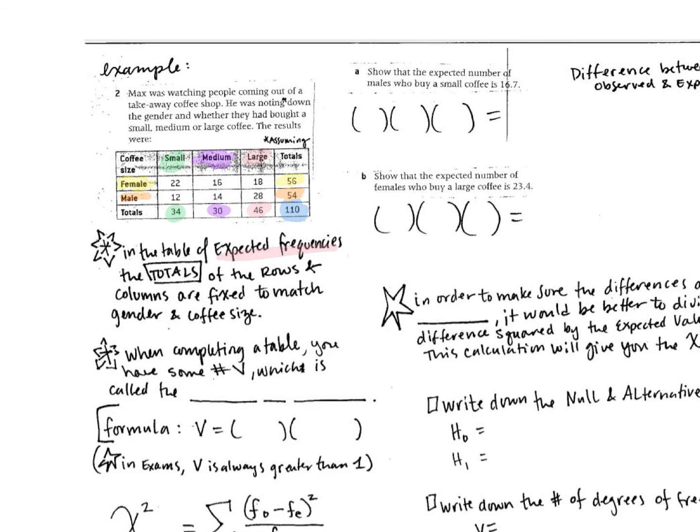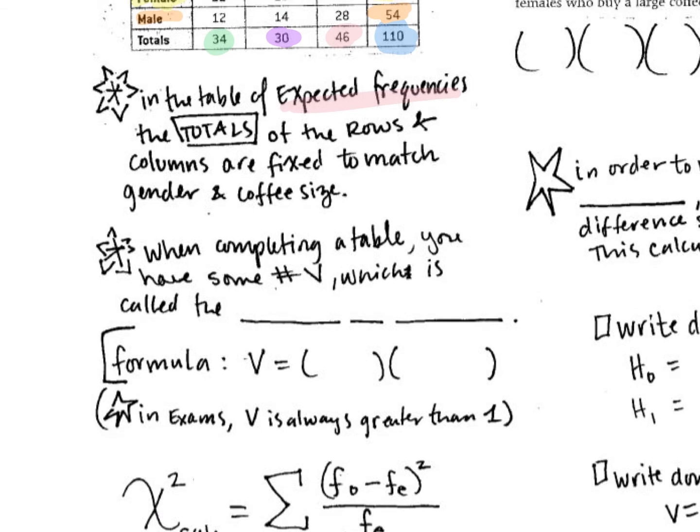So those are fixed, that's important. When completing the table, you have some number V, which is called the degrees of freedom. There's a formula for this, so hang tight.